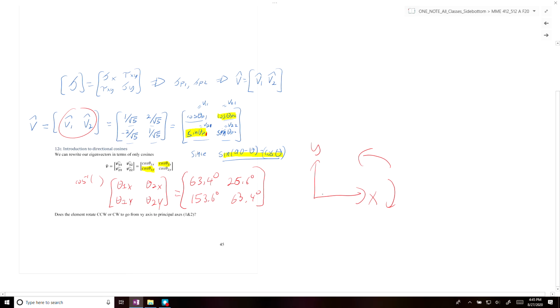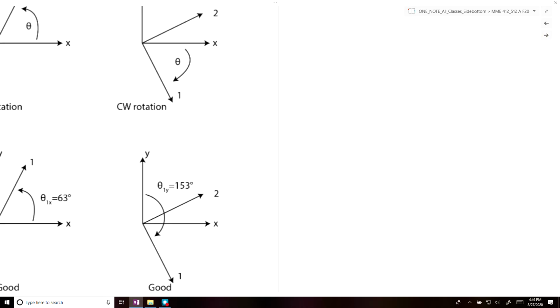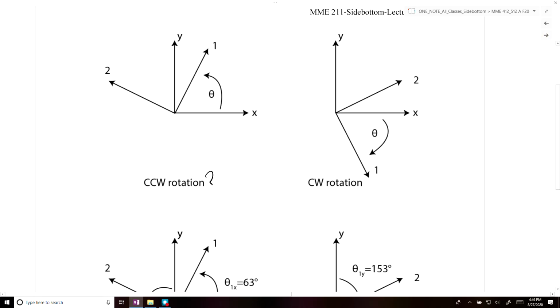We're basically asking, does x prime, y prime look like this, or does it look like this? Is it a counterclockwise rotation or a clockwise rotation?